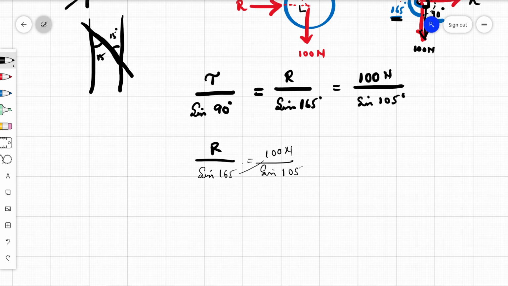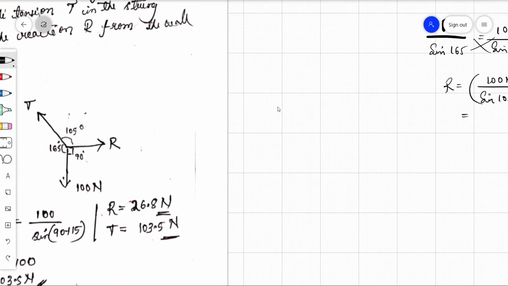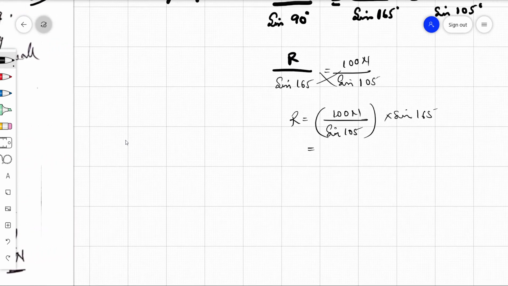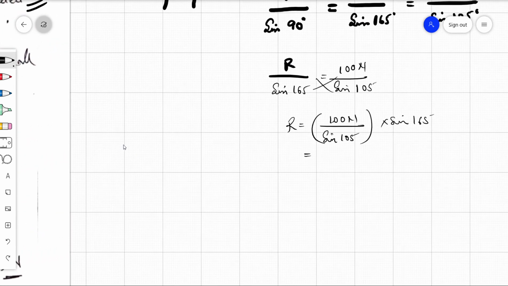Just cross multiply, then R is equal to 100 Newton divided by sine 105 multiplied with sine 165. So the value of R comes to nearly 26.8 Newton. That is the reaction.